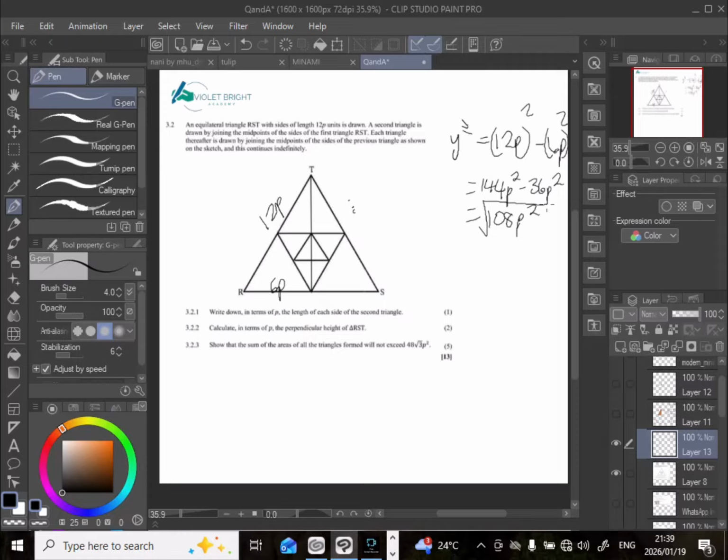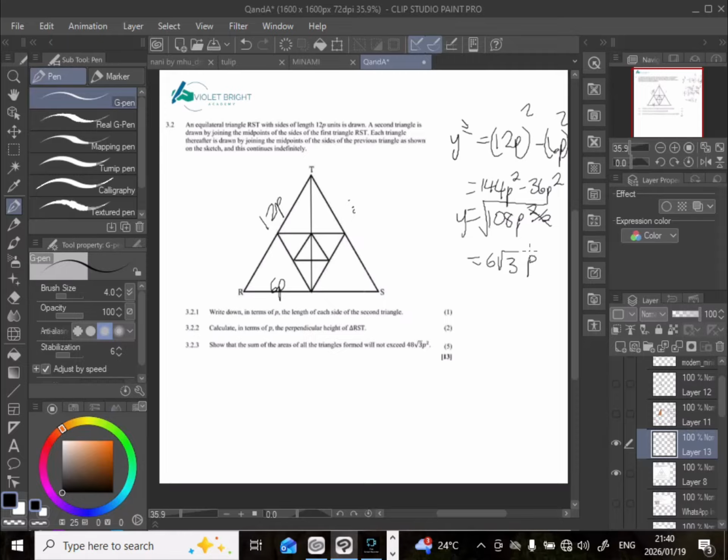So if we find the square root of this 108, it will be 6 root 3 and p. Remember the reason why it's p, because it's under a square root, so we know that this will also be to the power 1 because of the square root. So now basically this is the answer.